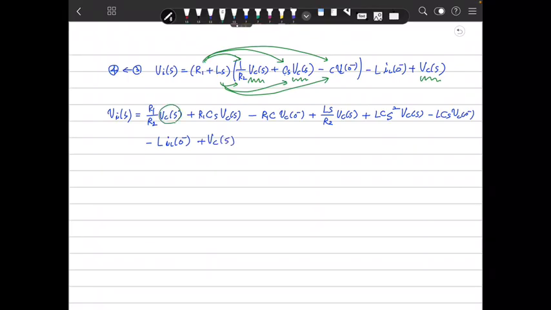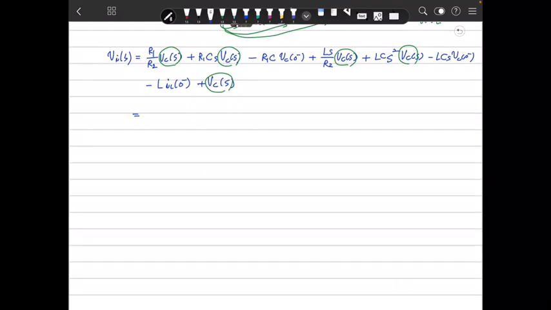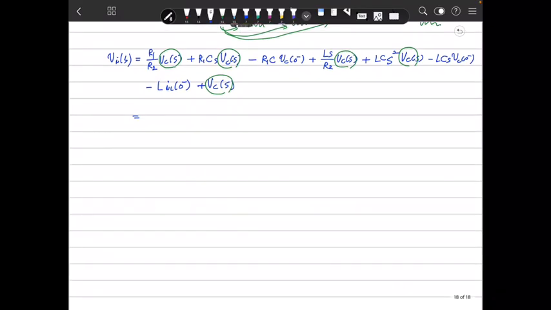We have some VCS and VCS. So we can simplify this based on VCS. This is LCS square, and there are S square and S here.